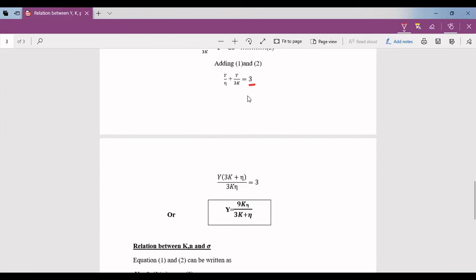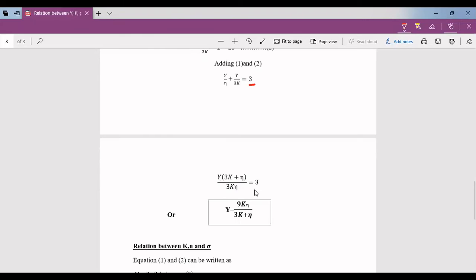Next, rearrange this equation. Take LCM, eta 3K, so that the equation will become in the numerator Y into 3K plus eta, by 3K eta. So Y is taken common in the expression, that is equal to 3.